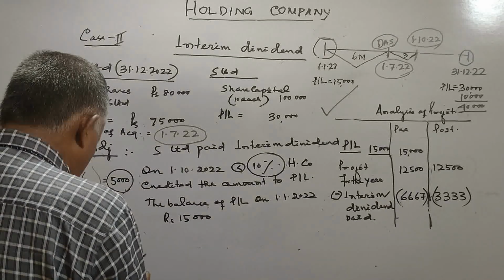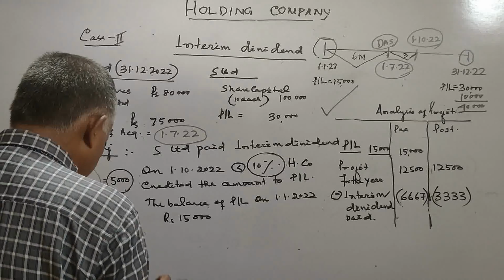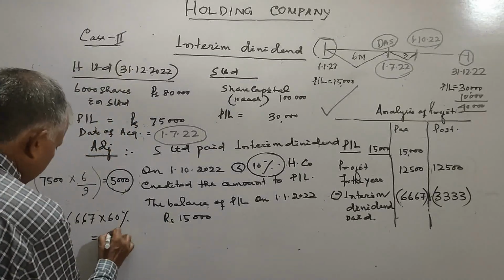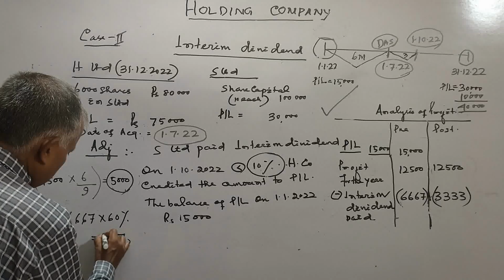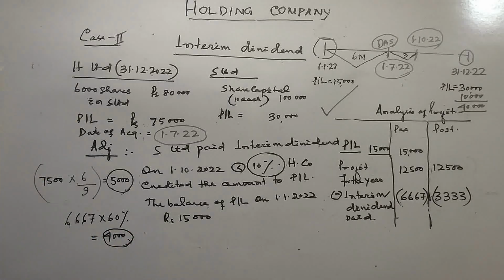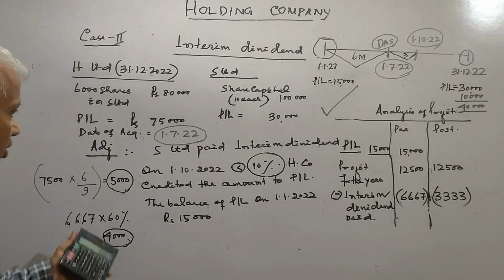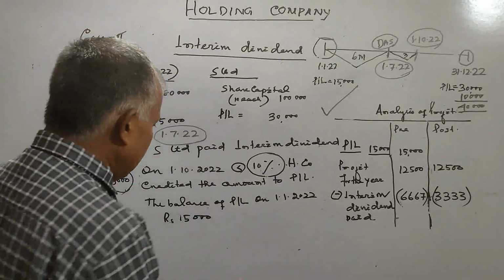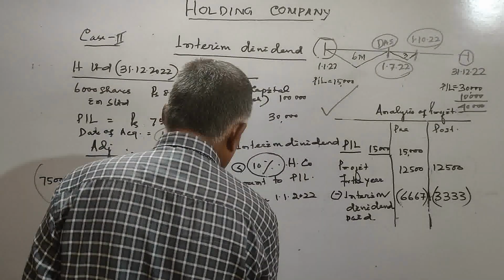6667 into 60%, that is 4,000. 4,000 will be less from the cost of control and it will be less from the holding company PL.